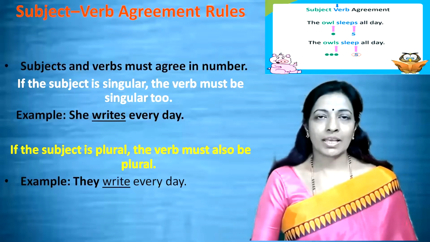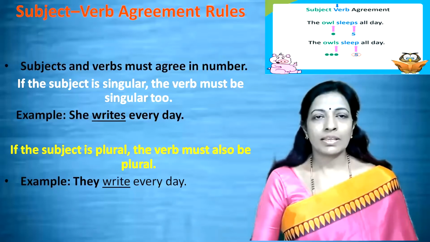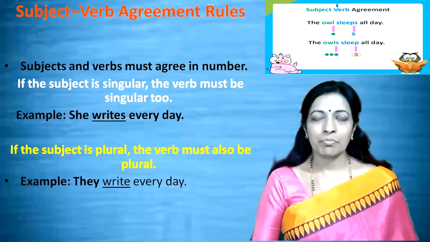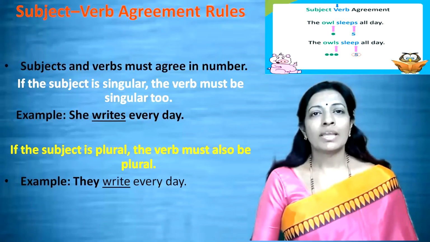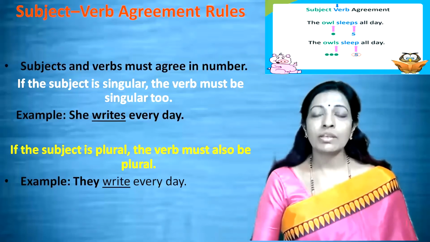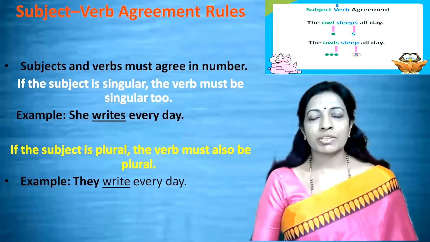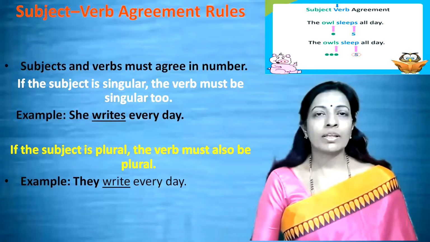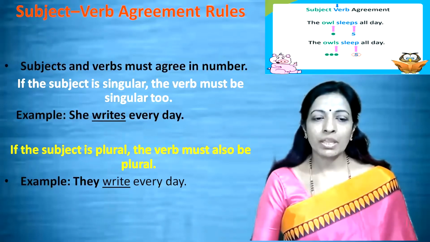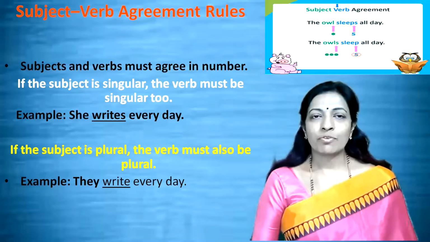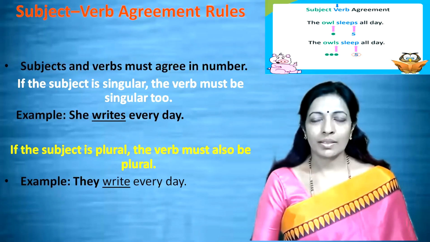The one basic rule which we need to follow when we are trying to understand how to match the subject and the verb in a sentence is that the subject and verb must agree in number. Therefore, if the subject is singular, then the verb must also be singular. And if the subject is plural, then the verb should also be plural. For example, she writes every day.